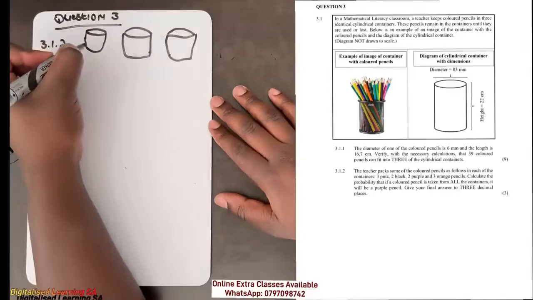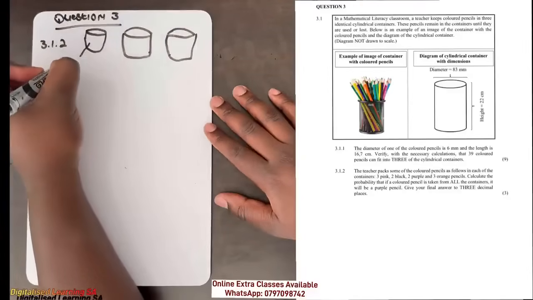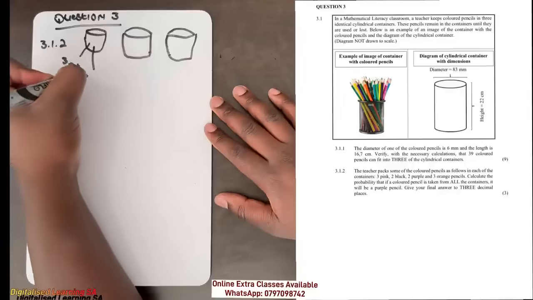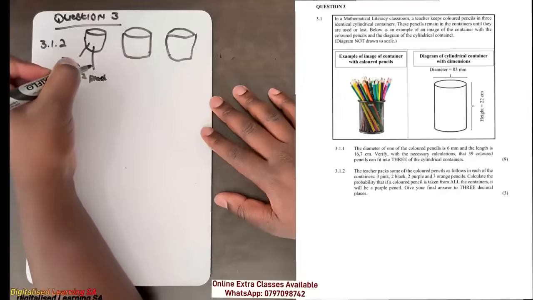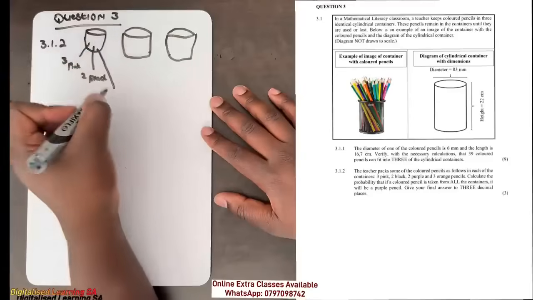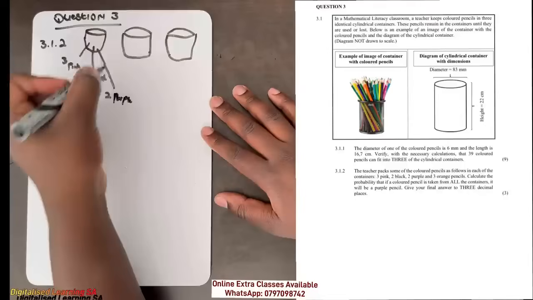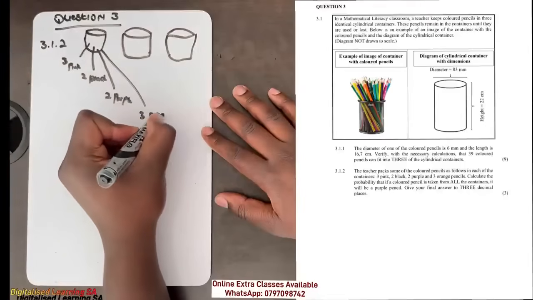So we have 3 pink and 2 black, and 2 purple, and 3 orange.